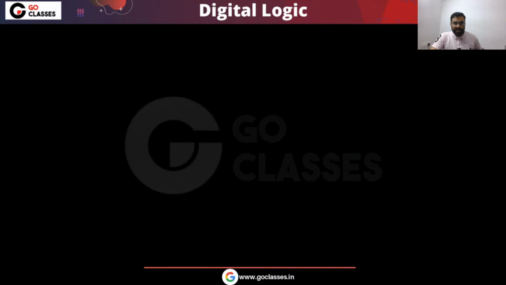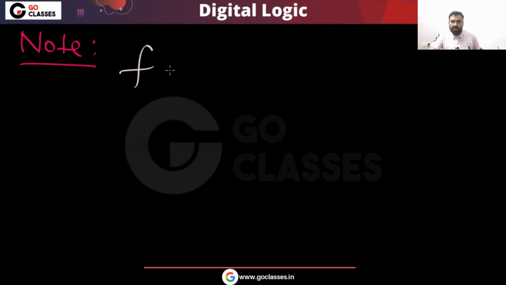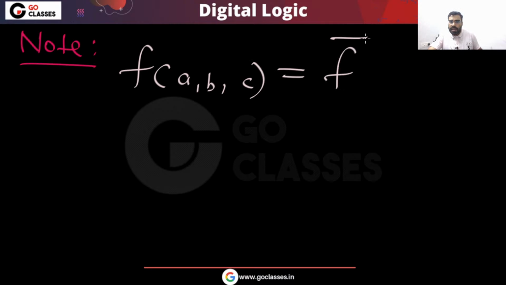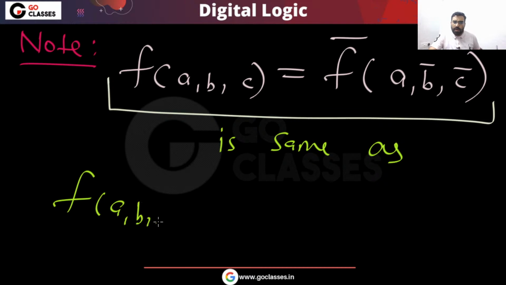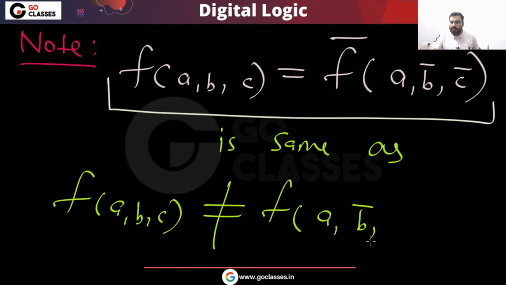So what I'm saying is like this. Okay, so this is the final conclusion. If I say that f(a, b, c) is equal to f complement (a bar, b bar, c bar), then what does this mean? This is the same as f(a, b, c) is not equal to f(a, b bar, c bar).